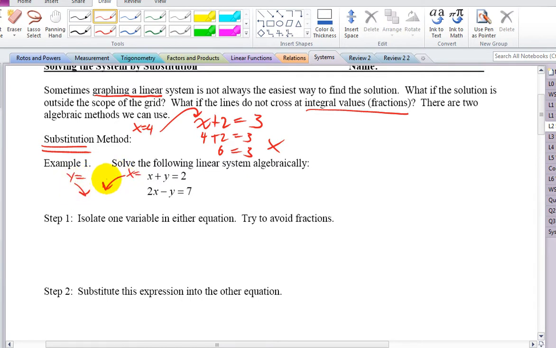One at a time. So what you want to do is work with something that's easy, like this equation. The reason why it's easy is there's a 1 coefficient. It's super easy. So let's turn this one into x equals. What does x equal?